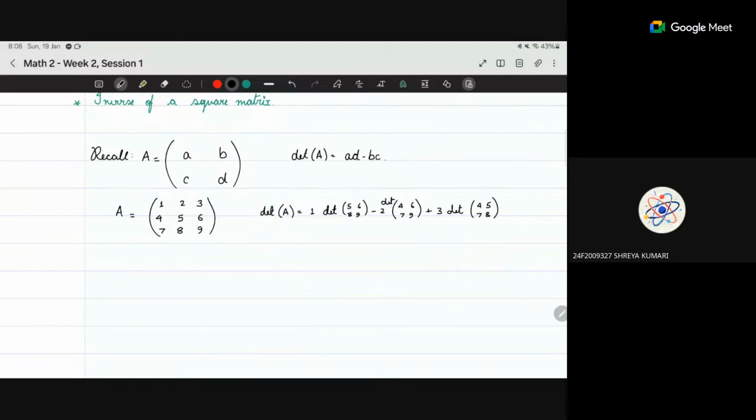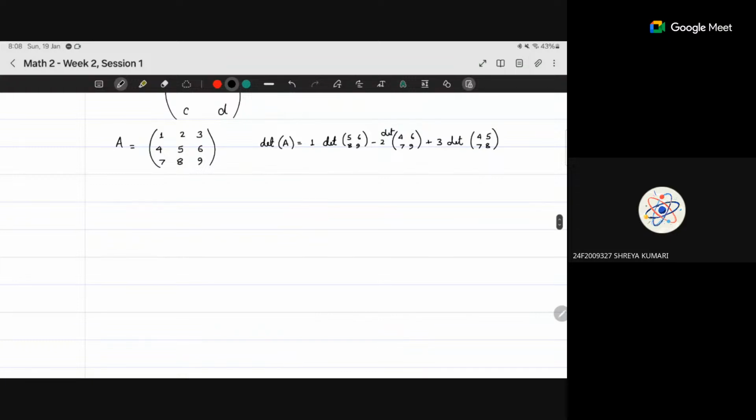So we can continue and take the computation to its finish.